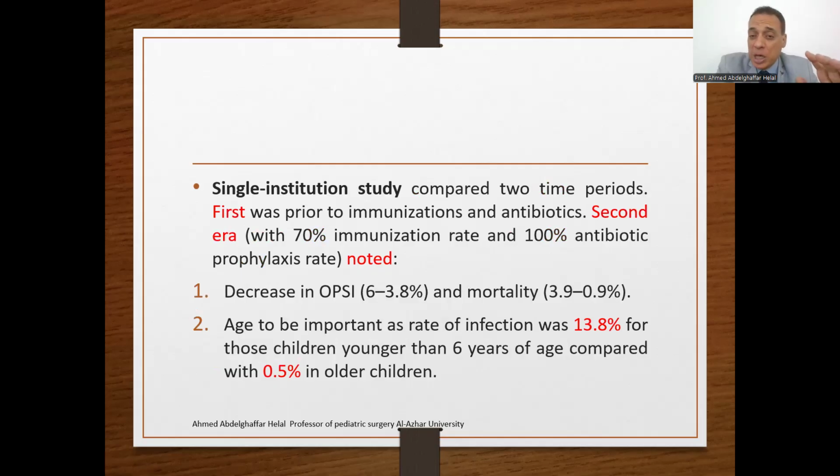There is a single study that compared two time periods. The first was prior to immunization, and the second was after immunization and antibiotic prophylaxis, and they noted a significant decrease in overwhelming post-splenectomy infections and in mortality. They also concluded that age is an important factor for the occurrence of these infections, comparing age younger than 6 years with above 6 years.